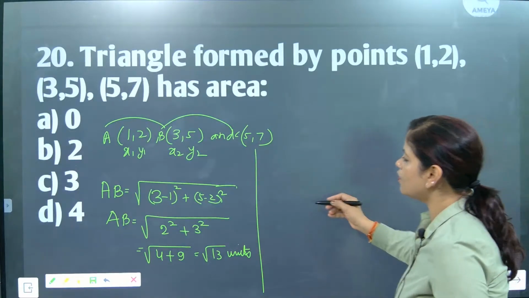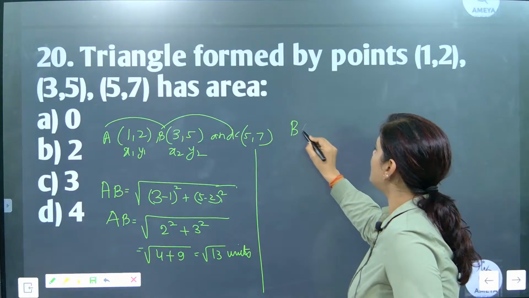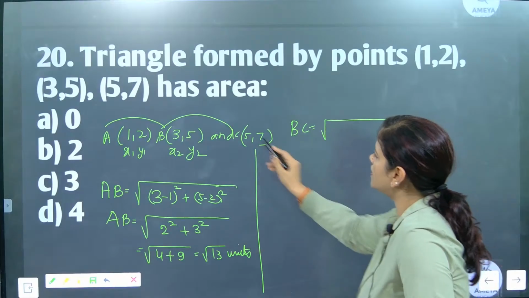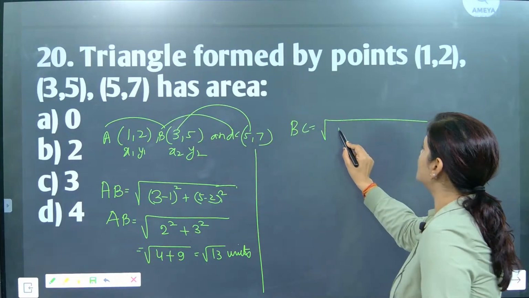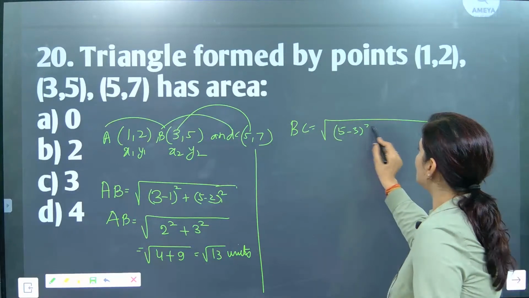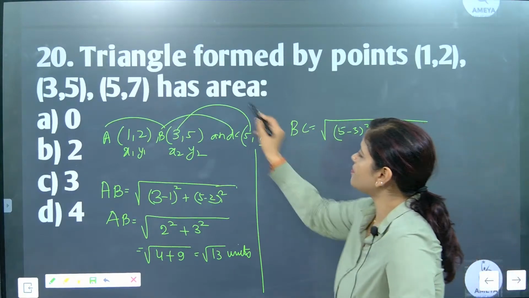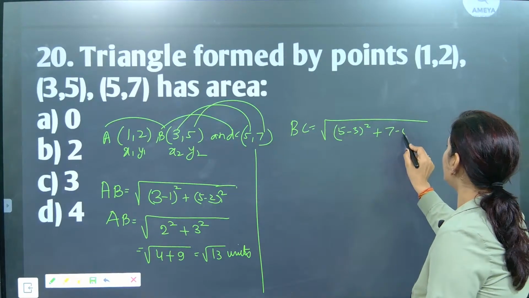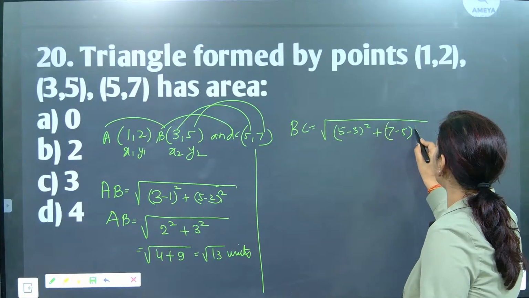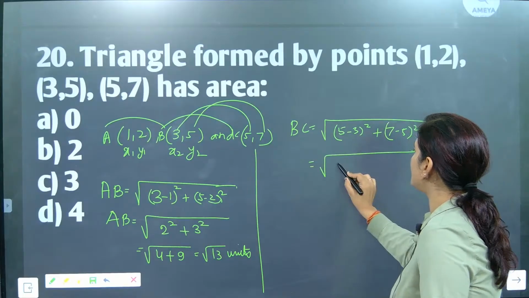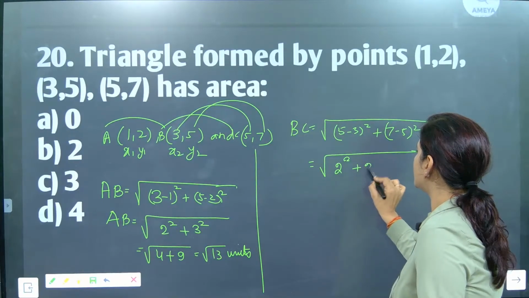Come on, we'll go for it. AB, then BC, we will find BC. BC is equal to root under (5 minus 3) whole square plus (7 minus 5) whole square. So 5 minus 3 will become 2 square plus 2 square.